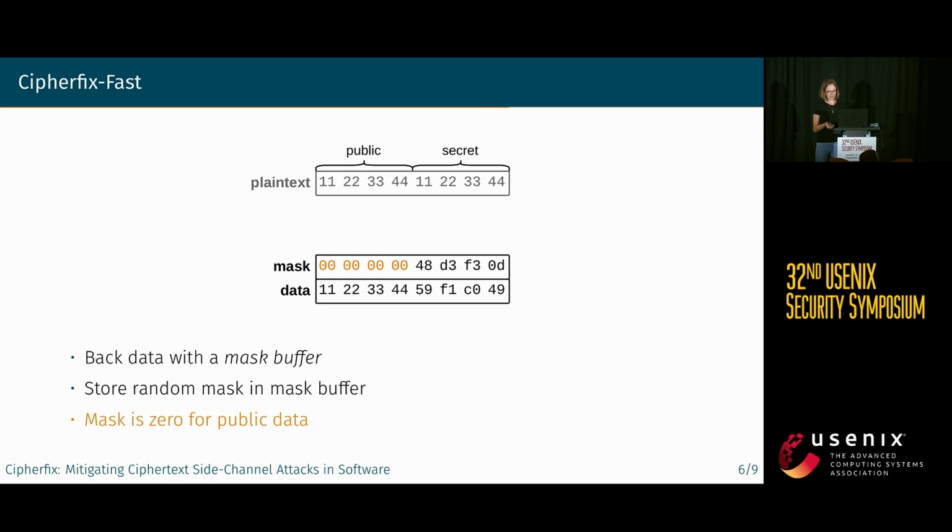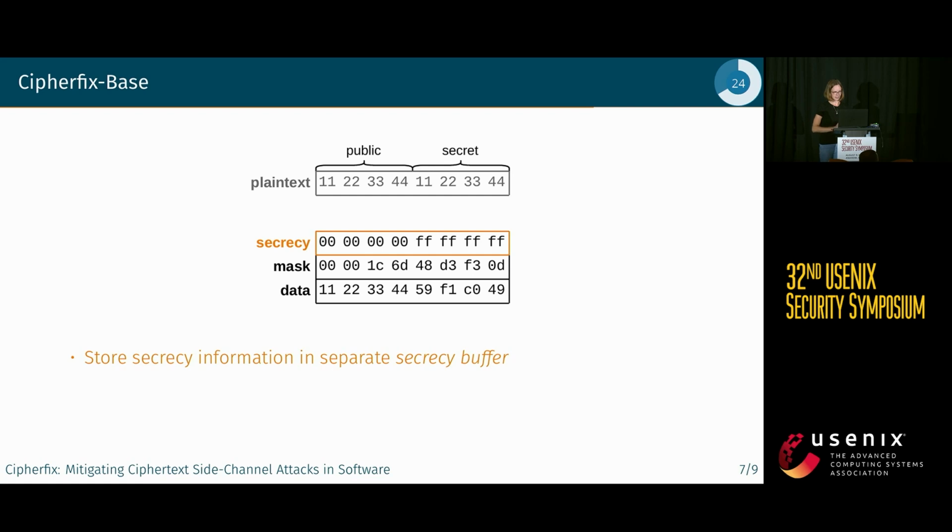So what happens if we would sample random 0? Then we would have to resample, because otherwise our secret data would be treated as public data, and that's definitely not what we want. And this is something that could lead to an attack via statistical measures. So we have to do something better in that place.